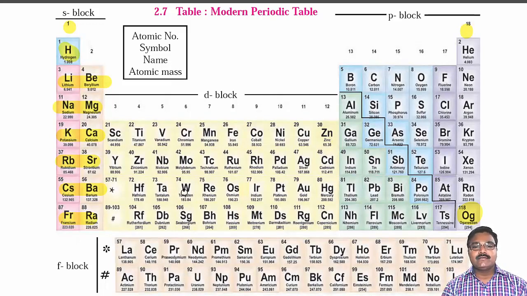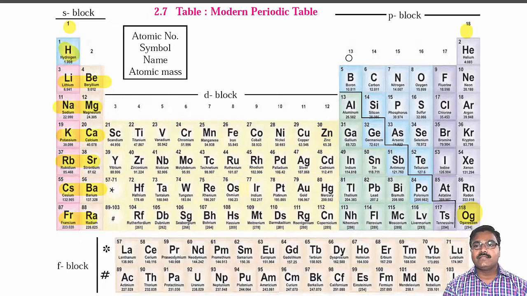You can see there is a difference in color. Here you will see these two groups are denoted as the s block, that is, group 1 and group 2, the first and second groups. Then groups 3 to 12 are named the d block.